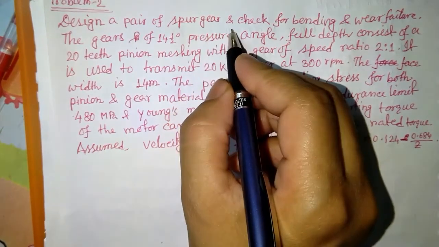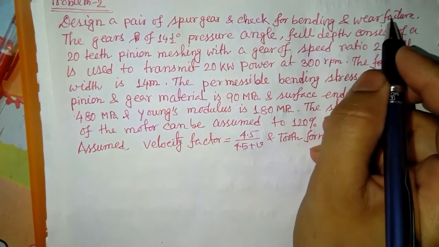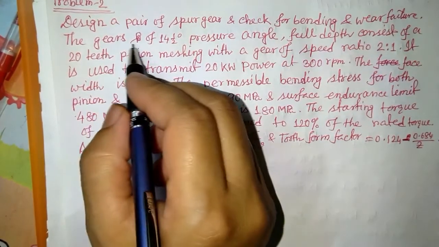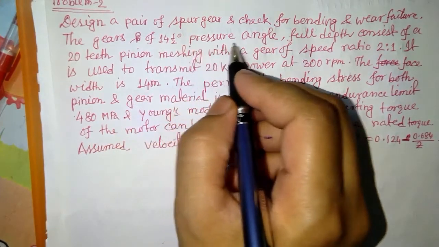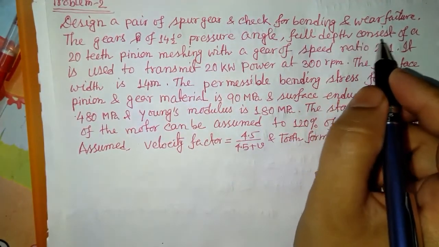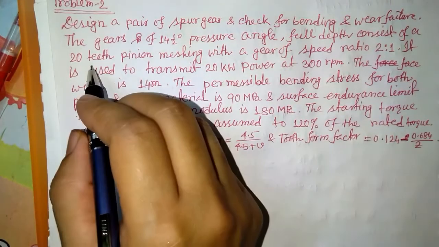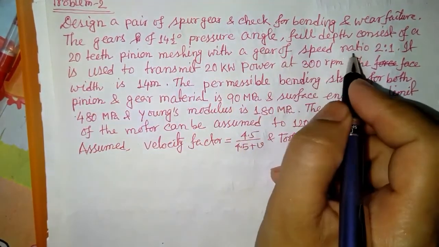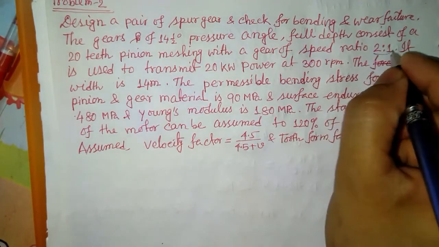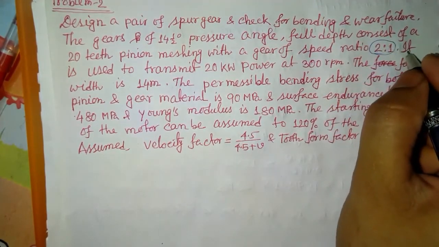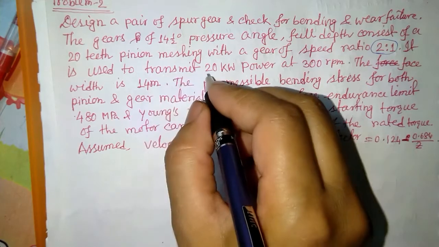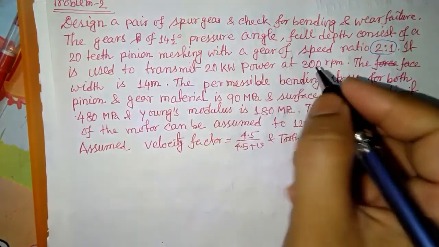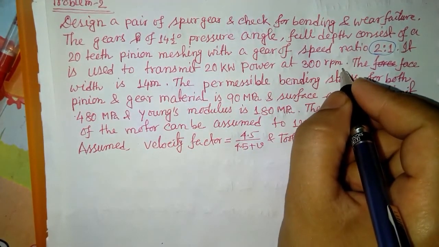Design a pair of spur gears and check for bending and wear failure. The gears of 14.5 degree pressure angle, full depth, consist of a 20 teeth pinion meshing with a gear of speed ratio 2:1. Here G is given 2:1. It is used to transmit 20 kilowatt power at 300 rpm.